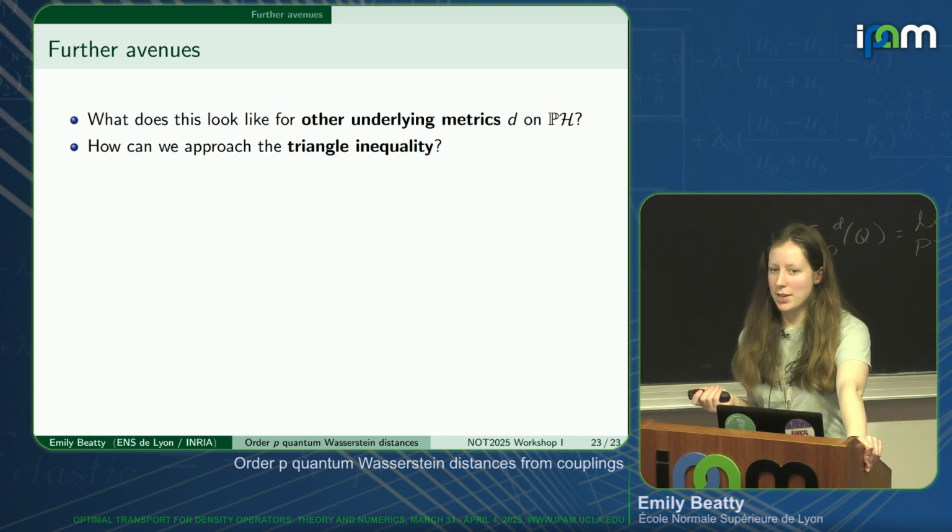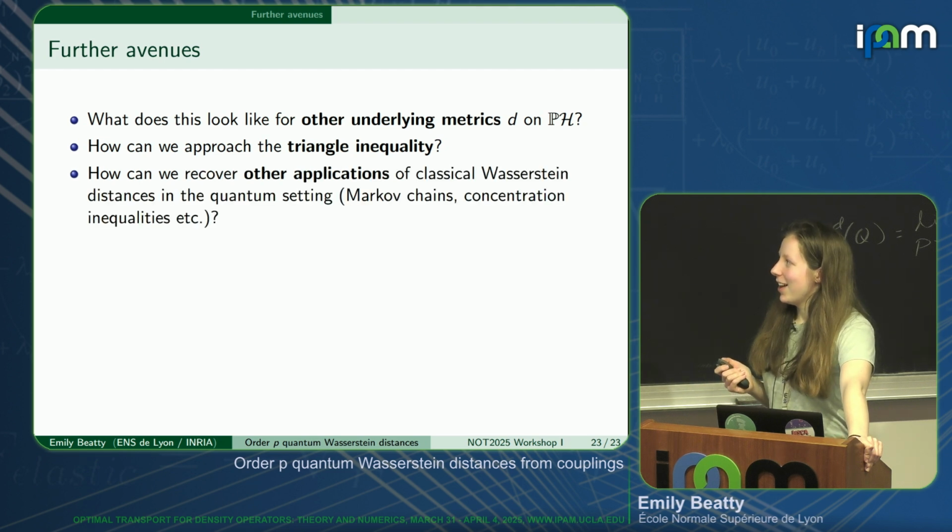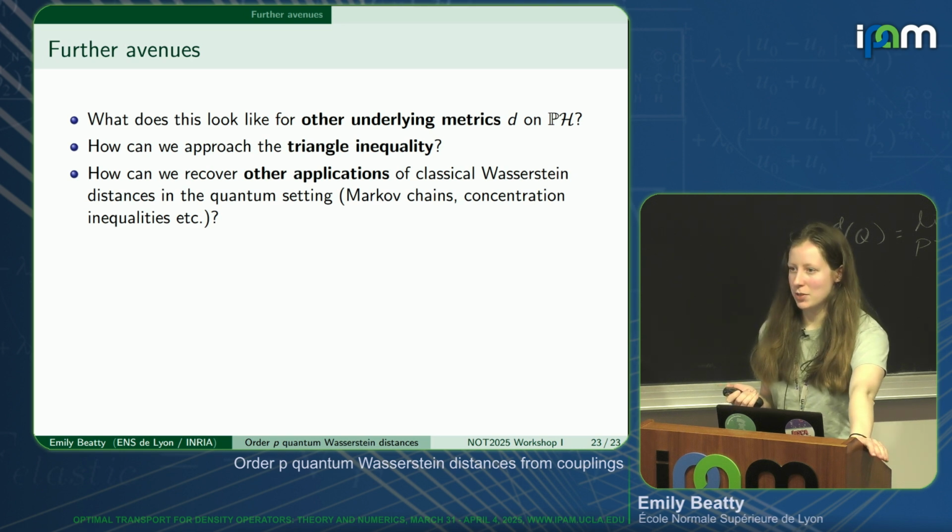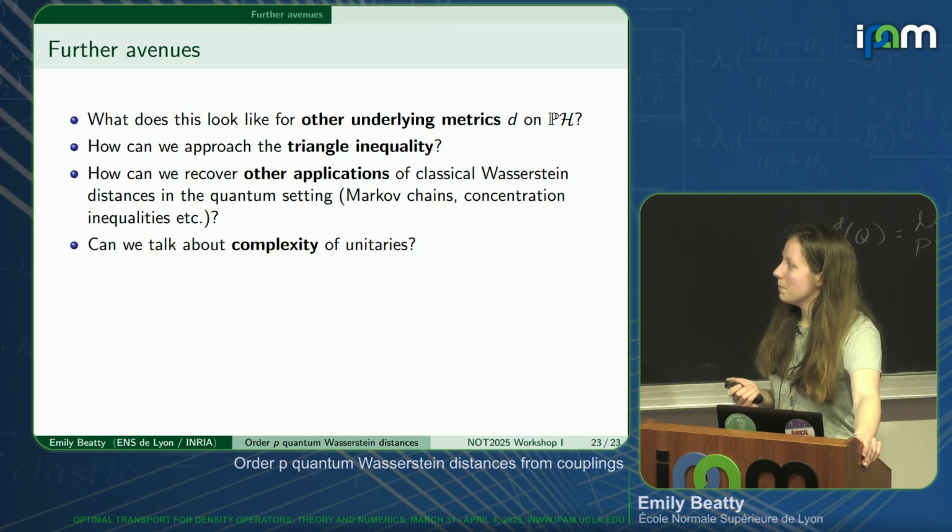Can we get the triangle inequality? Can we get, in particular, applications to mixing of Markov chains, which, as far as I'm aware, have not yet been touched in the setting of quantum Wasserstein distances? This is quite a big one.